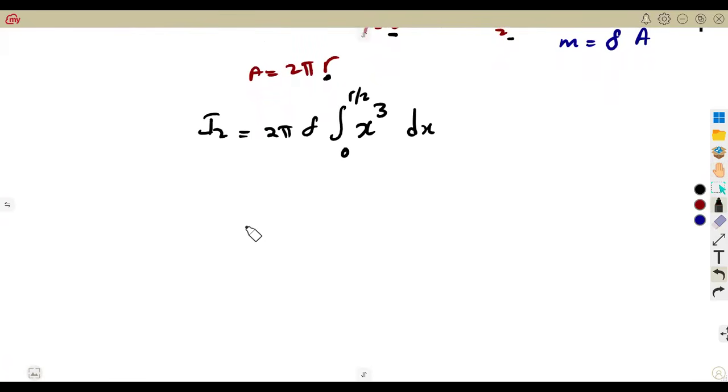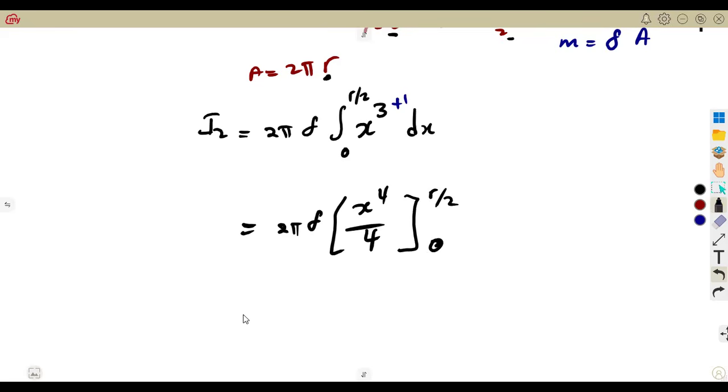Let's integrate with respect to x. We're going to have 2 pi, the area density. Raise the power by 1, add 1: that's x to the exponent of 4 over 4, with limits r over 2 to 0. So that's 2 pi times the area density.